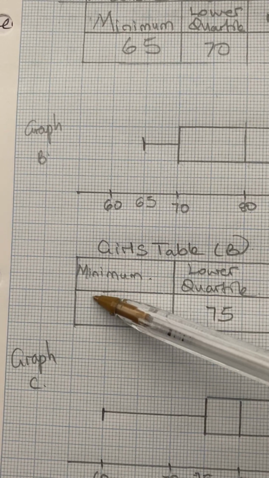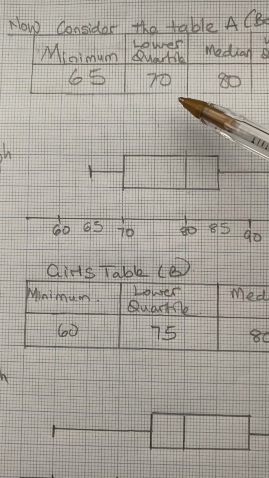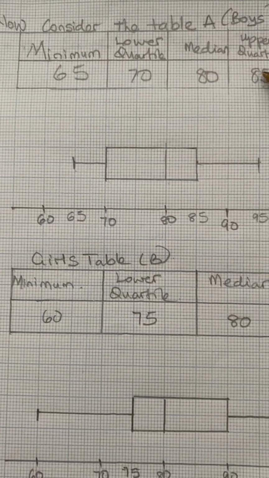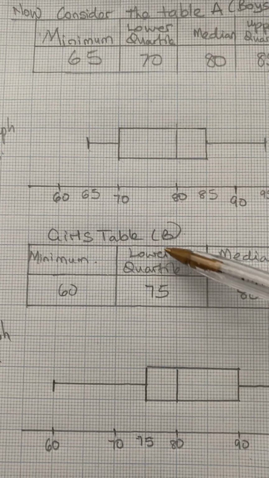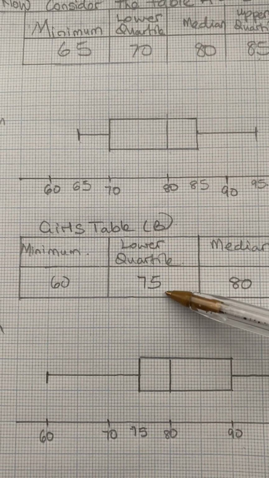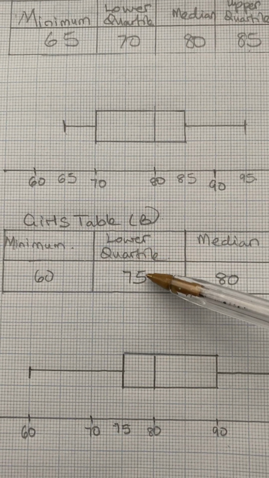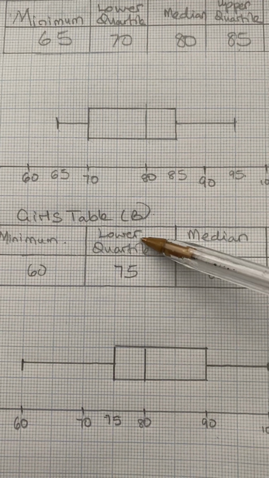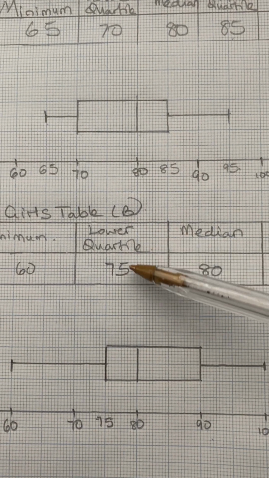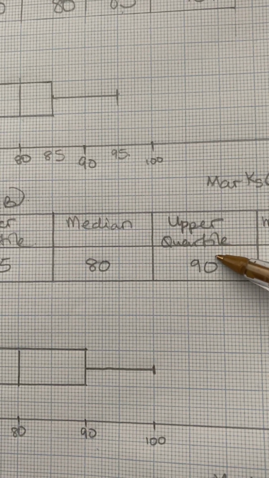Minimum for the girls is 60. Okay. The interquartile range for the boys and girls is 15. So 1/4 of the girls scored 75 or less. So this is our interquartile range. So the lower quartile is 75, we add 15, which gets us to 90.